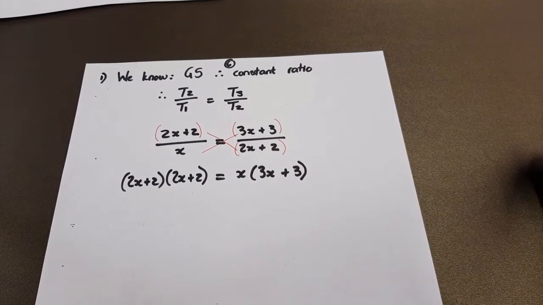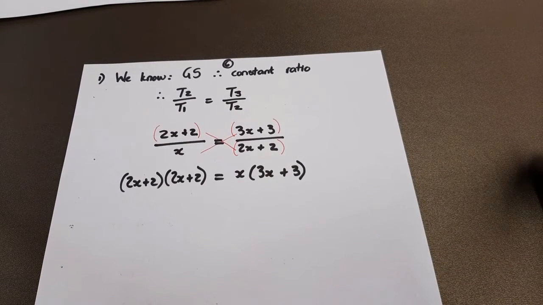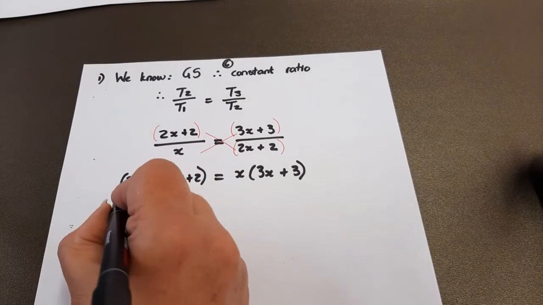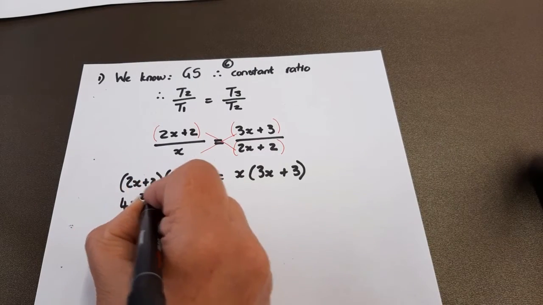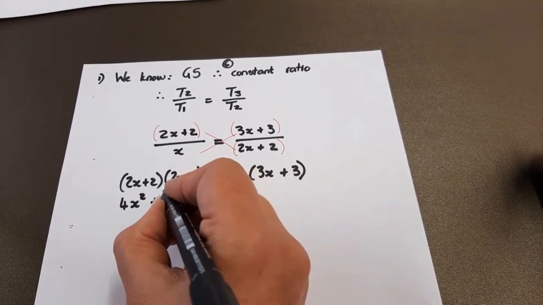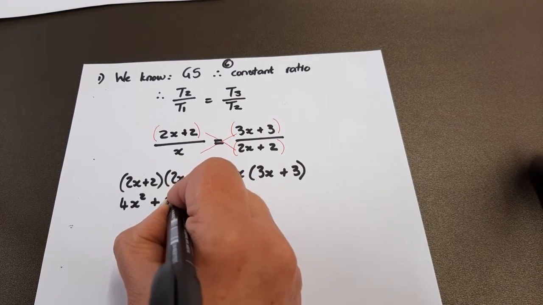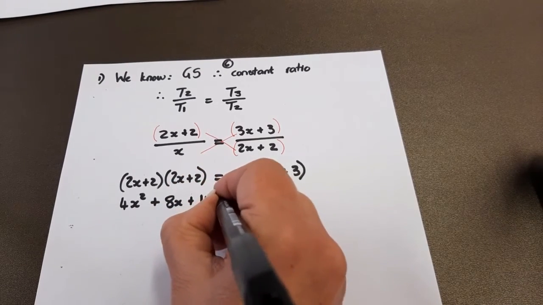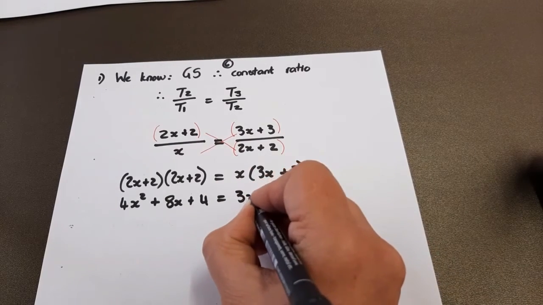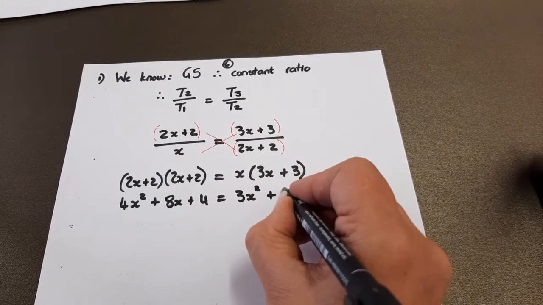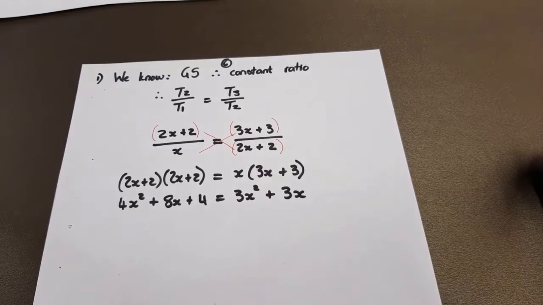Now it's a normal multiplication of brackets. This will give you 4x squared plus 8x plus 4 equals 3x squared plus 3x.